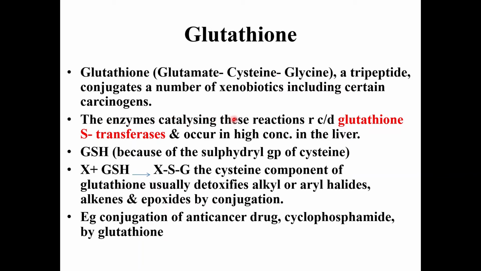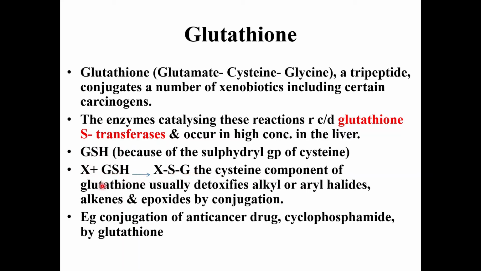The enzymes catalyzing these reactions are called glutathione S-transferases and occur in high concentration in the liver. So why is it known as GSH? This is the short form of glutathione, because of the sulfhydryl group of cysteine, the SH group, GSH. That's why it is designated as GSH. So X plus GSH will give you SG.